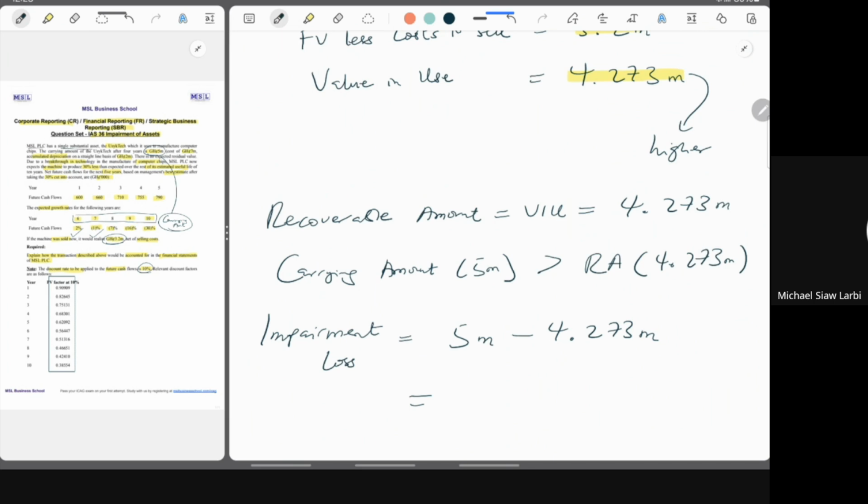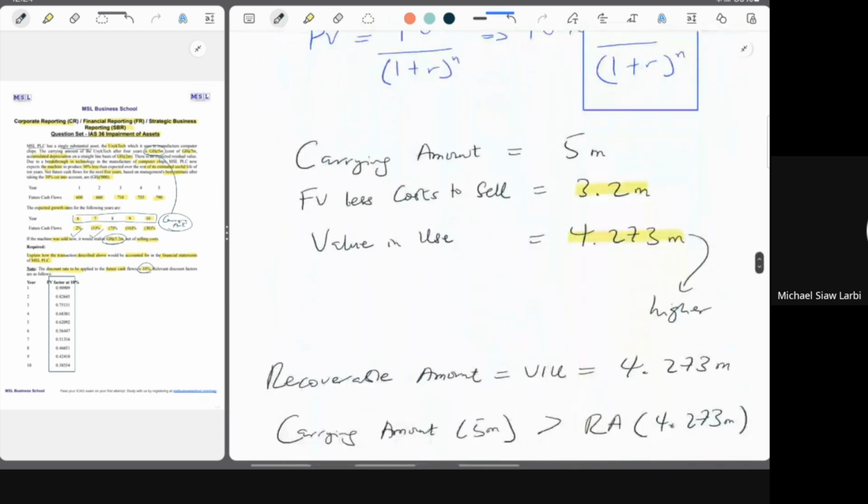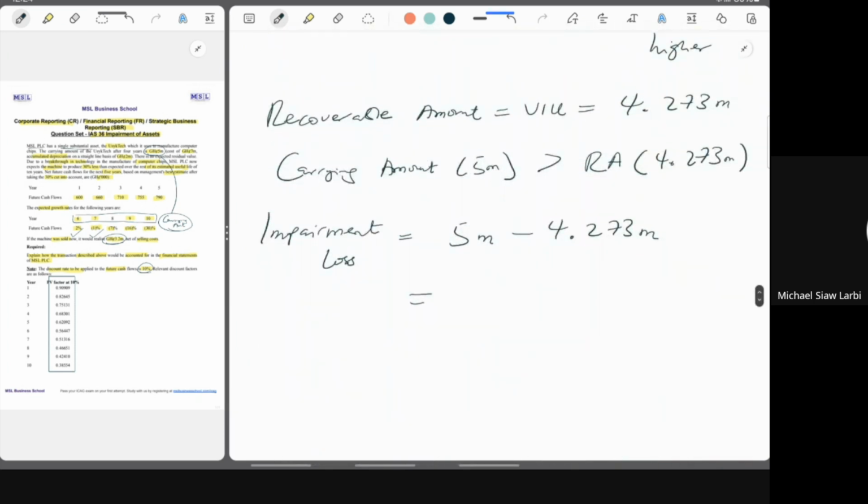So when you do the math, 5 minus 4.273, since this is in thousands, remember that. I got 0.727 million. If you want it in thousands, it is roughly 727,000. This is your impairment loss.